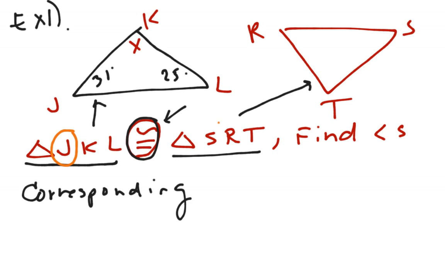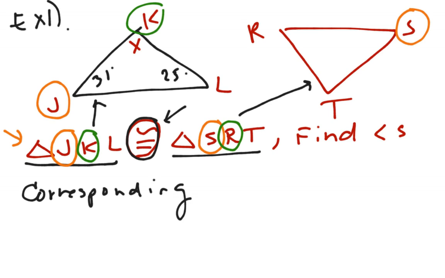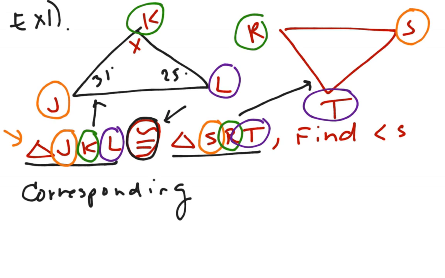So J corresponds with S. Let me circle those. They're in the same order when the name of the triangle is written. And then K and R go together. And then finally L and T go together. So I've color-coded the corresponding parts, the corresponding angles.